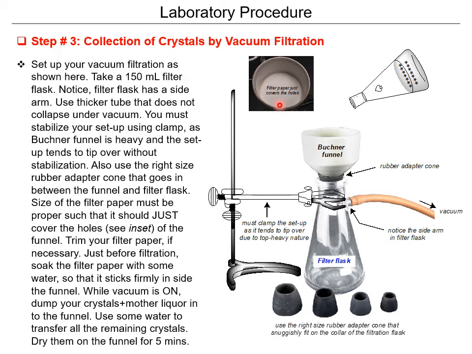Sometimes they're a little bit too small for these funnels, and they tend to seep around the sides, but generally speaking, you want to have your filter paper the correct size and collect your crystals on that filter paper. Once you do that, you leave it for a good while. It takes a very, very long time to collect these crystals here, right? But once you have them, they should be nice, white, pretty crystals.